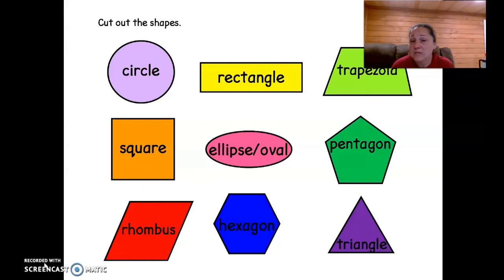Then make an acute angle and take a picture. Make an obtuse angle and take a picture. And finally, make a right angle and take a picture. Make sure in all of your pictures you've also labeled them so I know that you know what you're talking about.